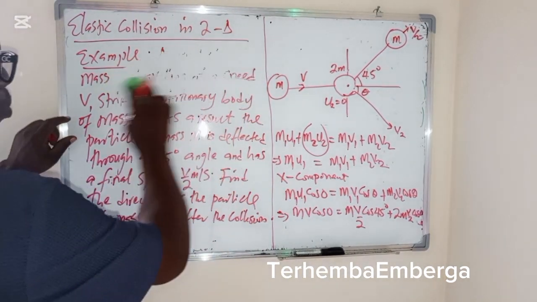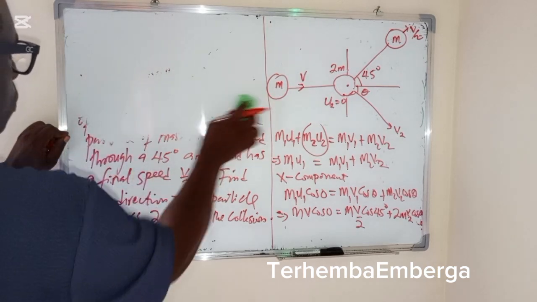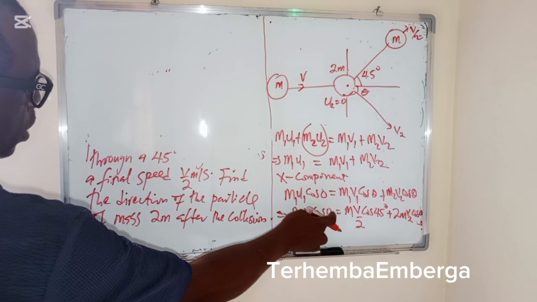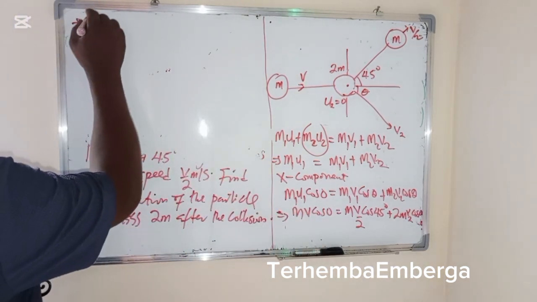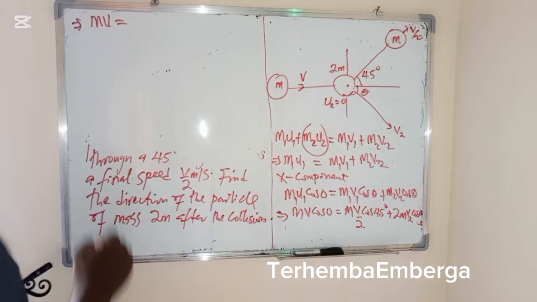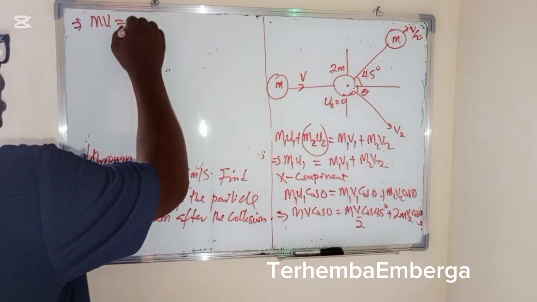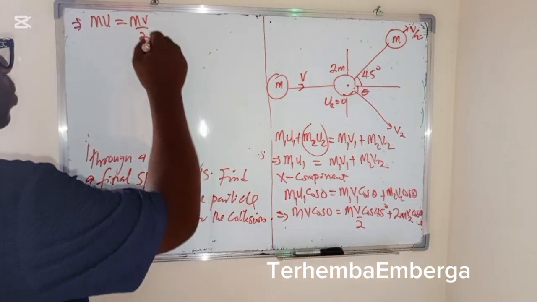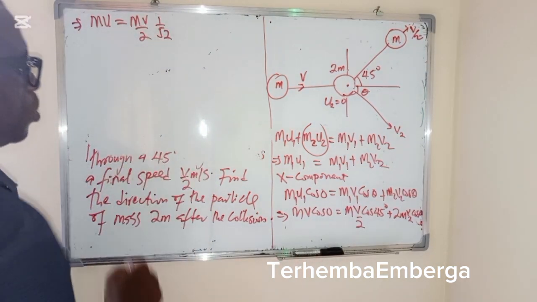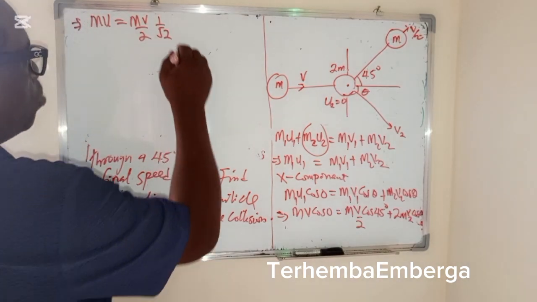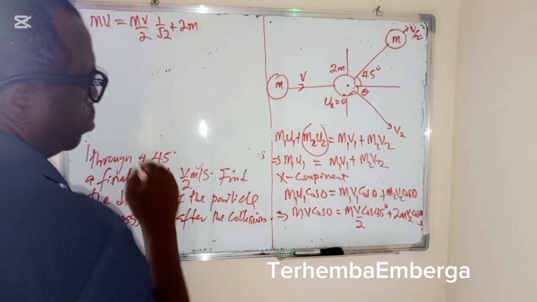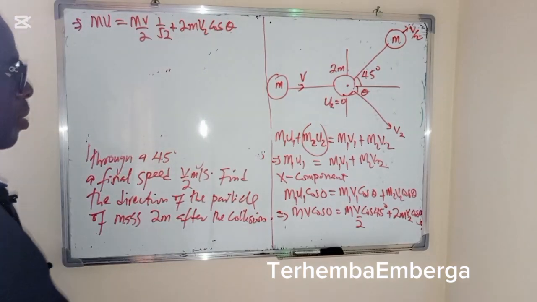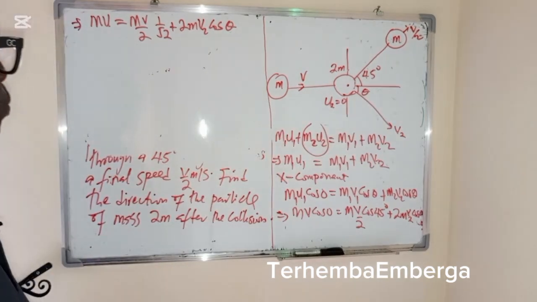We know that cos 0 is 1, so this becomes mv equal to mv over 2, cos 45 is 1 over root 2, special angles, plus 2m v2 cos theta. Of course, that is the angle we are looking for.